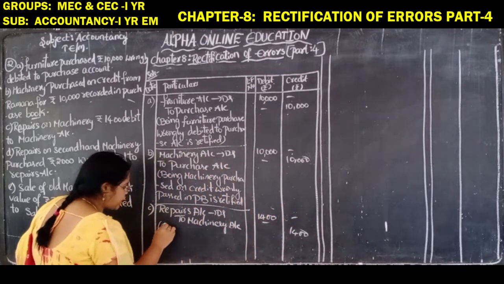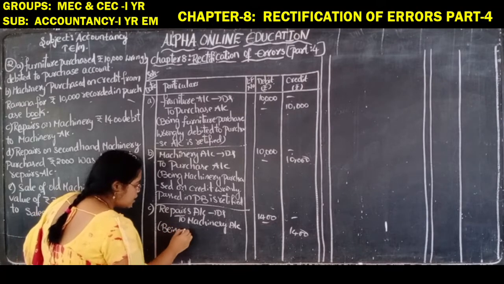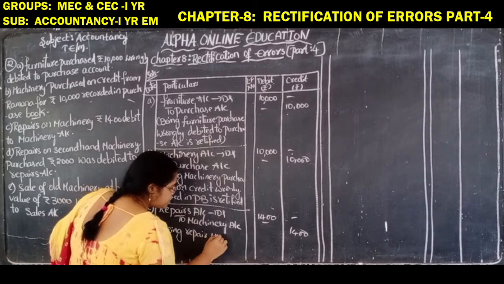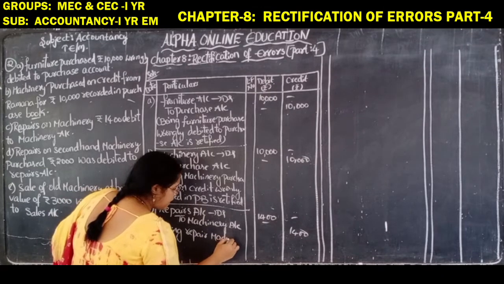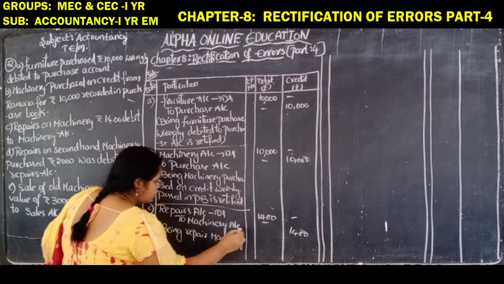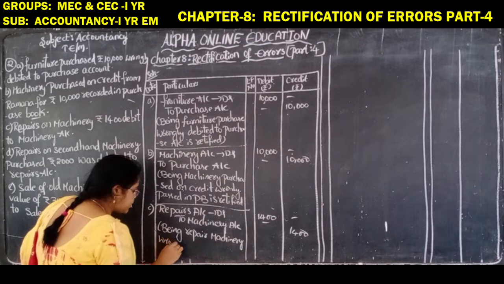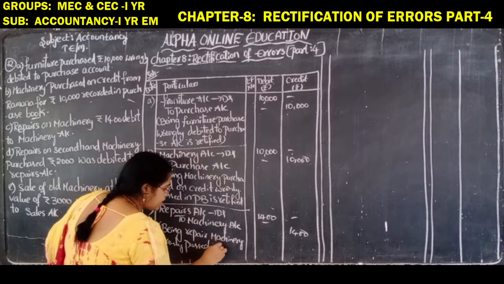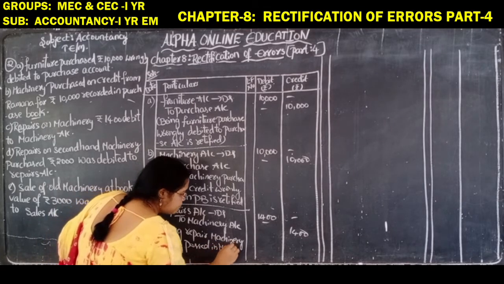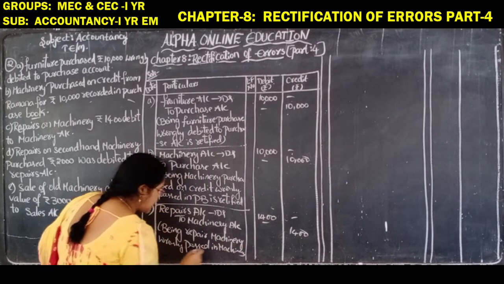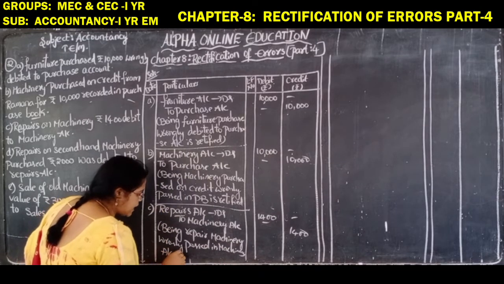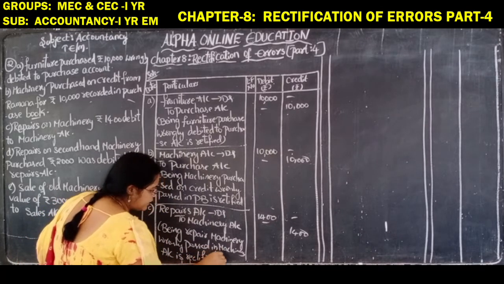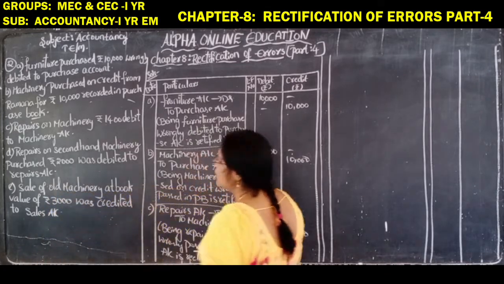So narration: being repair on machinery wrongly passed in machinery account is rectified. So this is the entry for C.